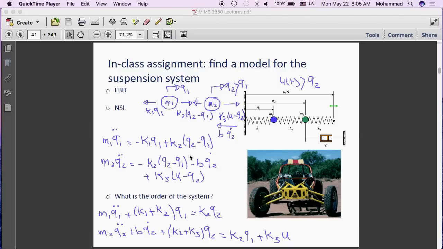So maybe one of the goals after the modeling is done, if we want to optimize that design, would be to minimize how much of the motion gets transferred from the U side to the Q1 side. So that would be the purpose of modeling, which then tells you, what is the input to this system?